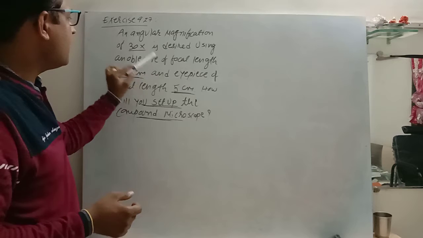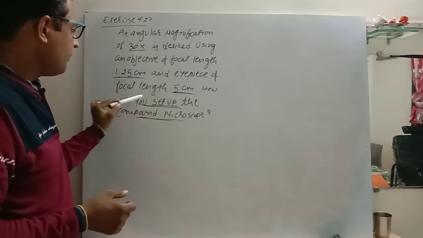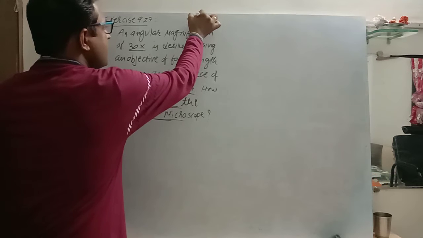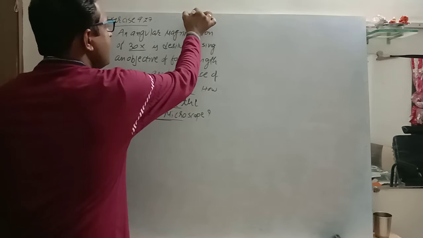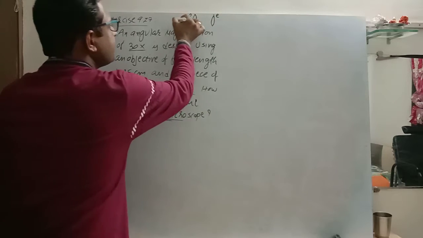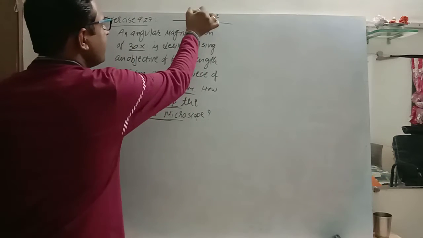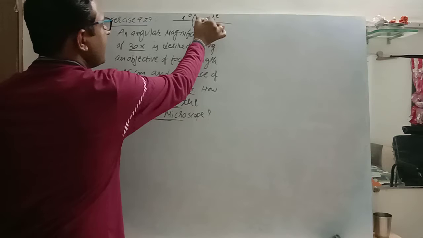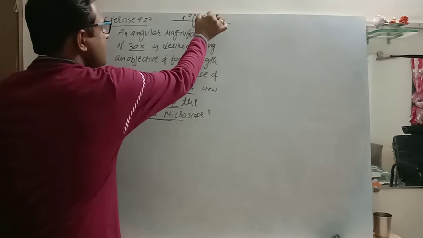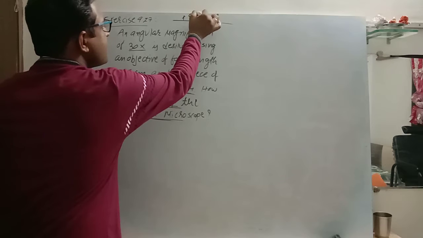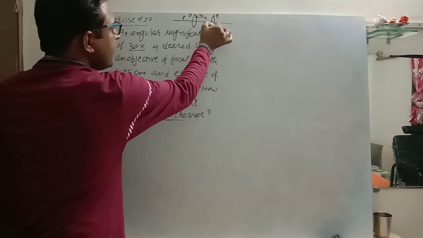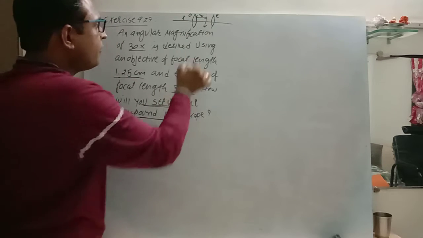How will you set up the compound microscope means what should be the distance between objective and eyepiece? If we say for the microscope, just consider this one is the objective lens and this one is the eyepiece. For the object, the distance from the image is called image distance VO, and the image formed by the objective acts like a virtual object for the eyepiece.